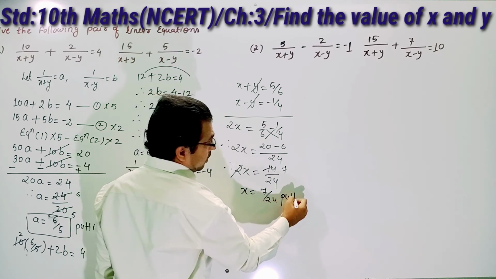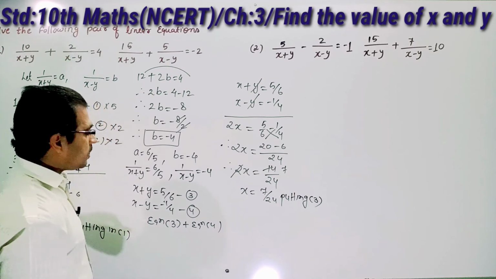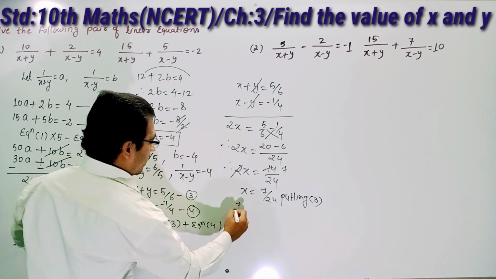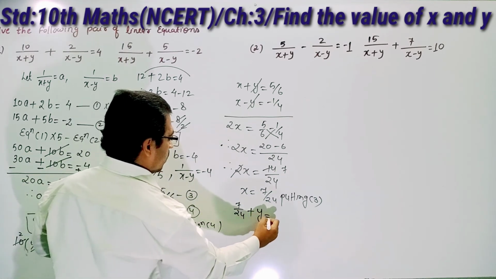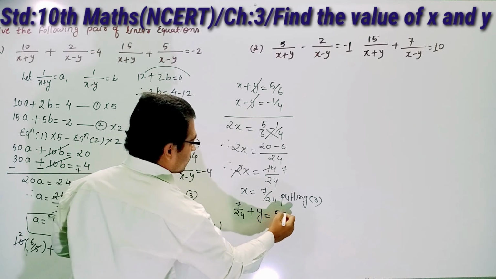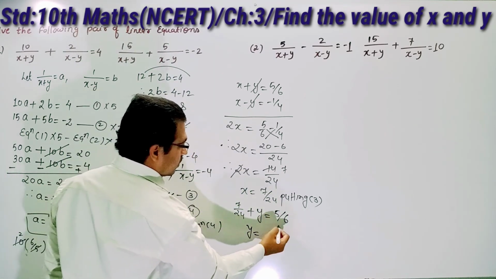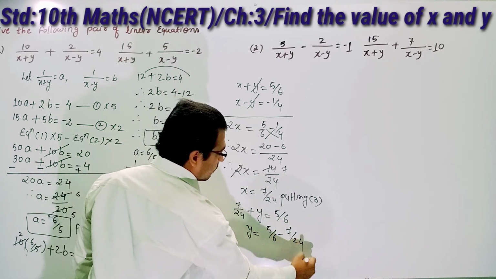Now putting in equation 3. So putting in 3 here, x is 7 by 24 plus y is unknown, equal to 5 by 6, right? So we want to find y. Moving to this side, 5 by 6 minus 7 by 24.